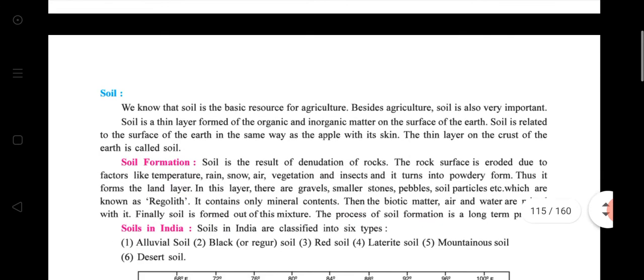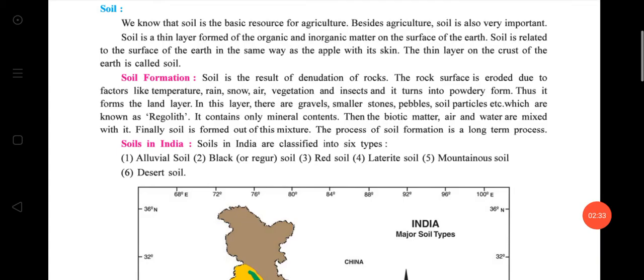In detail. And then in lecture number 2 we learned about soil. What is soil? Importance of soil. It is a basic resource for agriculture. It is very important. It is a thin layer of organic and inorganic matter on the surface of the earth.